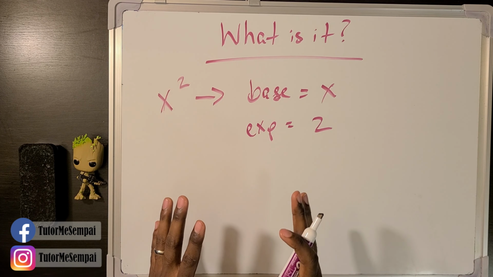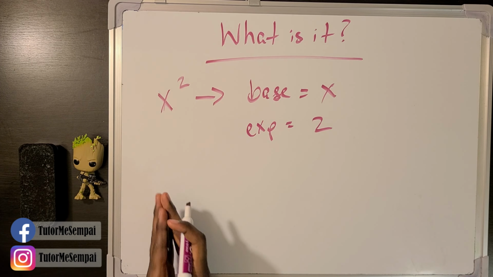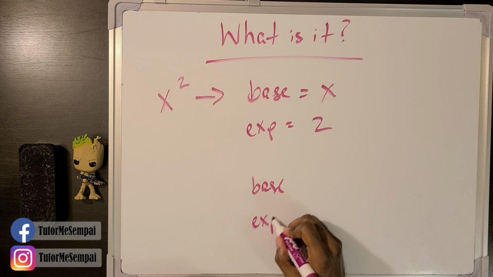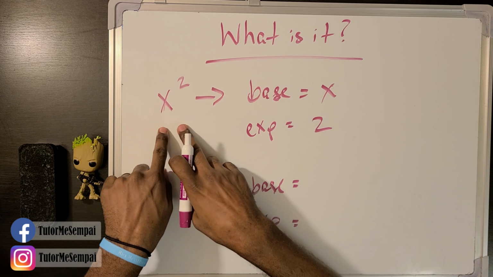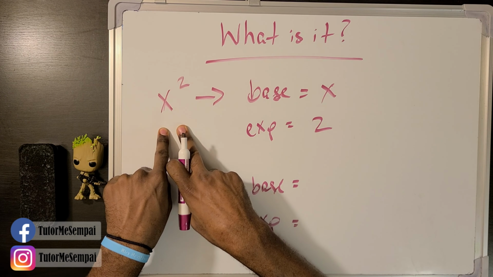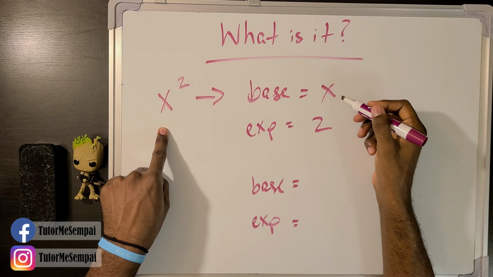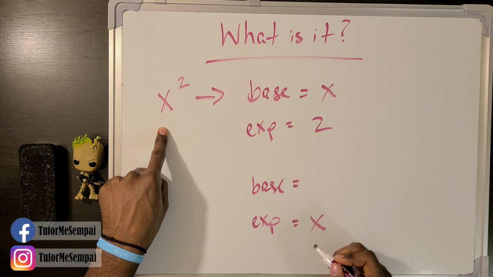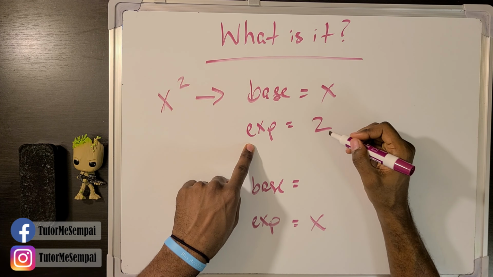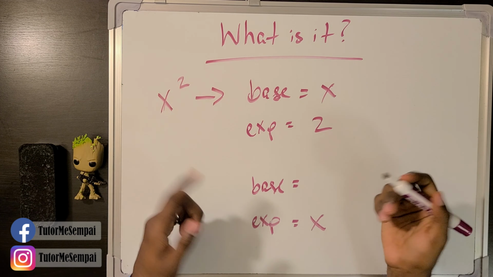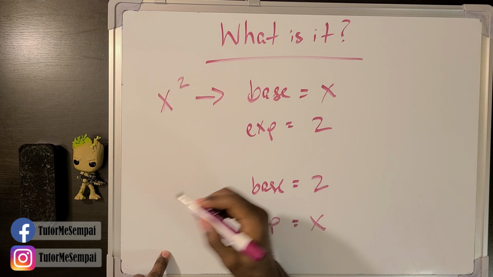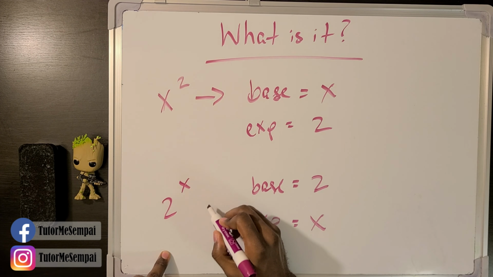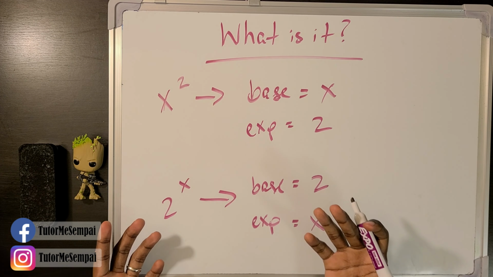However, for an exponential function, you're also going to have a base and an exponent. The only thing is, you're going to have it in reverse. So instead of having your variable in your base, you're going to have your variable in your exponent. And instead of having your constant in your exponent, you're going to have your constant in your base. So you're going to have something that looks like this. This is an exponential function.